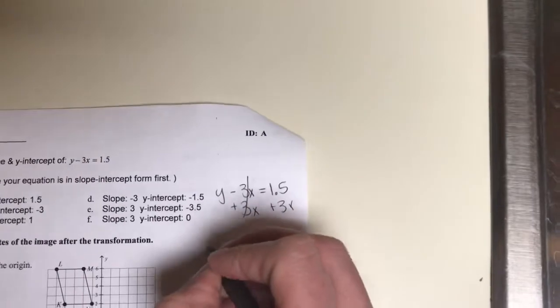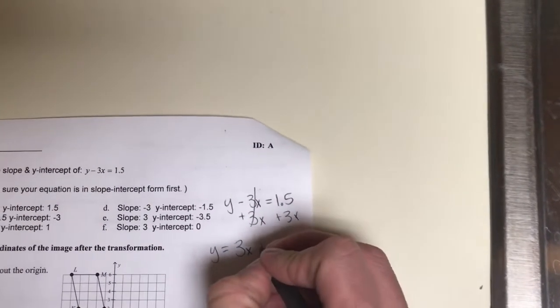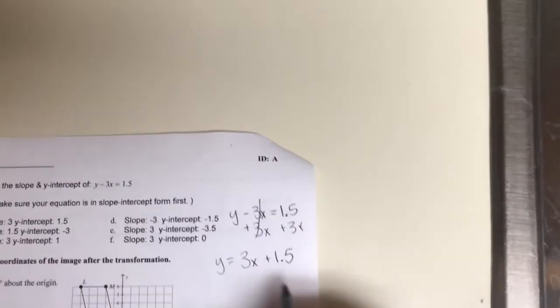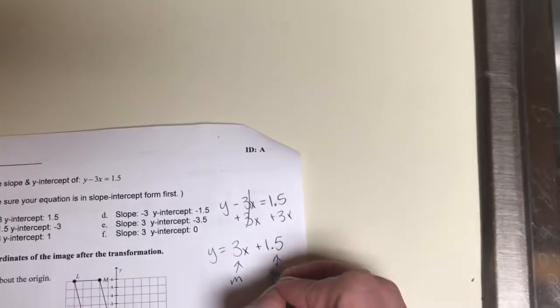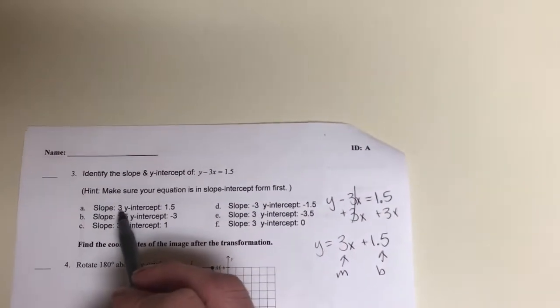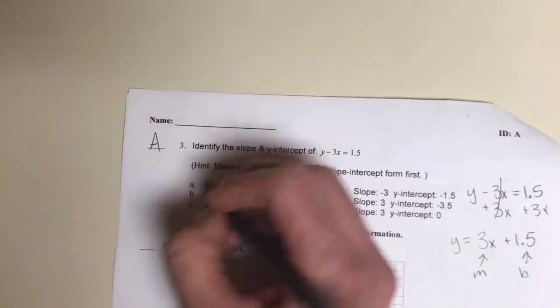What that does is it gives me y equals positive 3x plus 1.5. There's my slope 3. There's my y-intercept 1.5. Slope is 3. Y-intercept is 1.5. My answer is A.